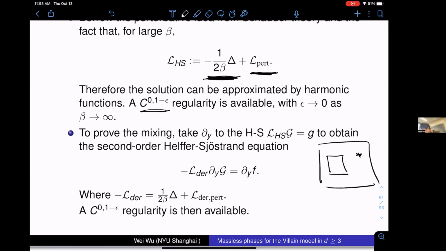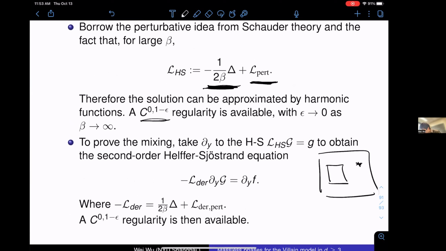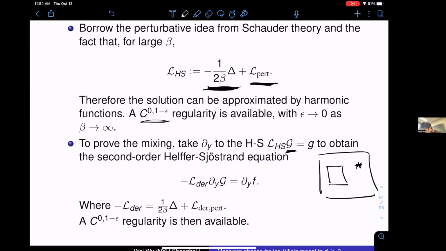So what we did is to understand, for example, how your Green's function changes if you change your field very far away. You can take a derivative, right? Take a derivative of your Green's function with respect to the field. Now, you obtain another equation of higher order. You see that the leading term of this equation is still the Laplacian because you can just pass the partial derivative inside the Laplacian.